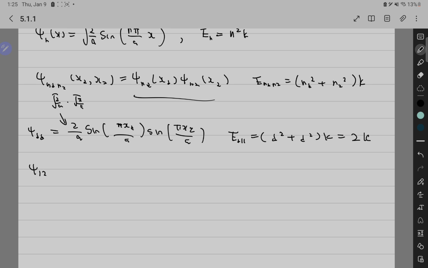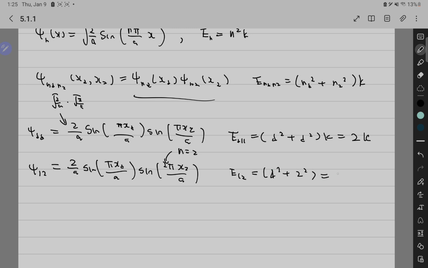And for 1, 2, this is going to be 2 over a, sine of pi x1 over a, sine of 2 pi x2 over a, because n is equal to 2 in this case. And our energy is going to be 1 squared plus 2 squared, which is 1 plus 4, times k, equal to 5k.